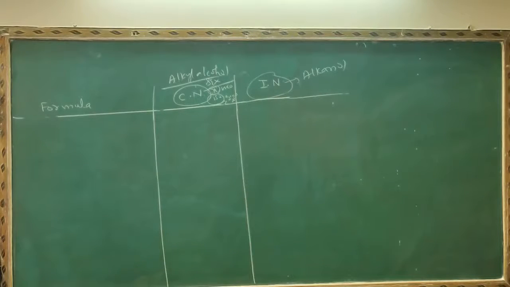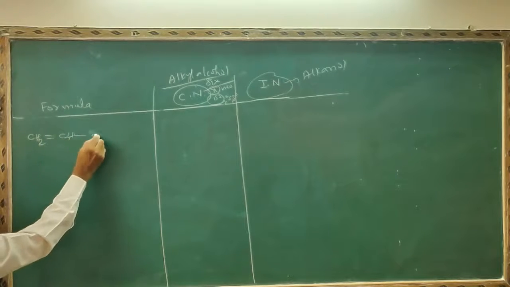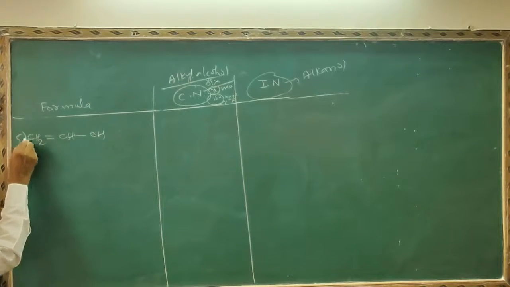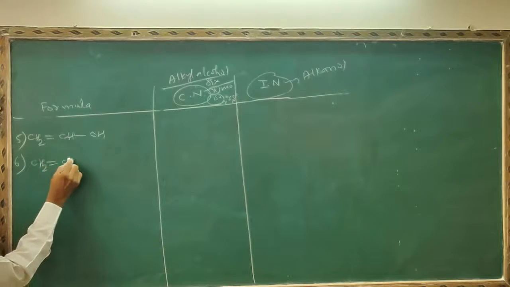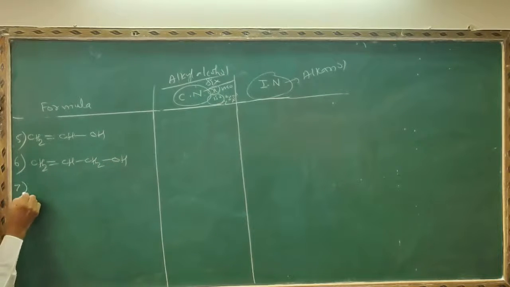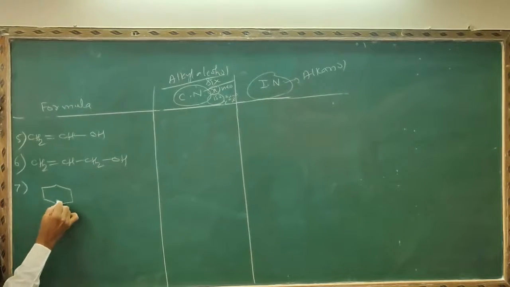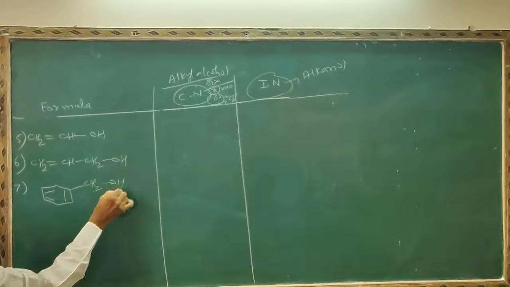This is the revision of the classification. CH2=CHOH, this is example number 5. Example 6, CH2=CH-CH2OH. Example number 7, benzene ring with CH2OH.